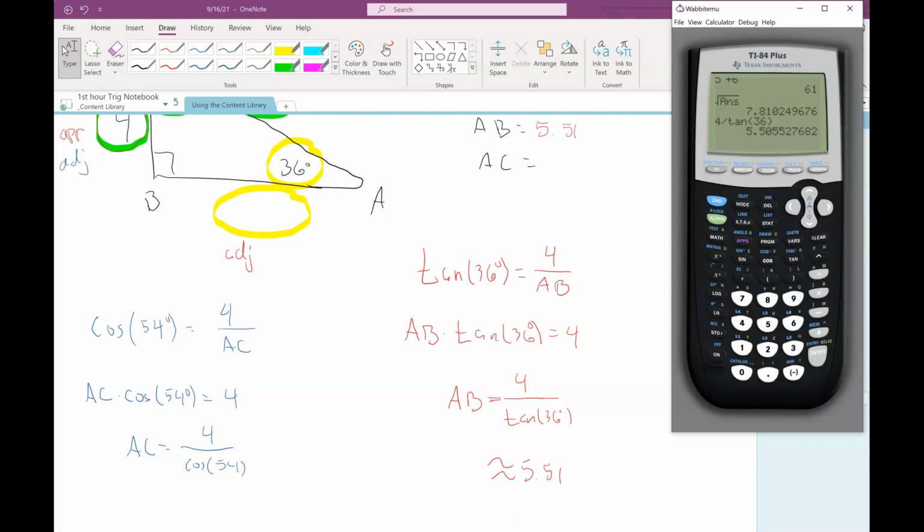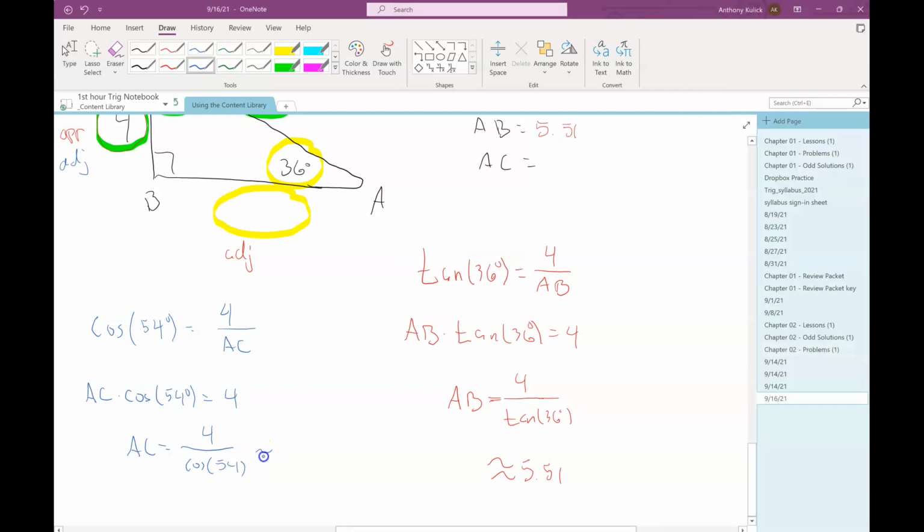But I like to talk about that because, depending on what you're doing, sometimes rounding really matters and sometimes it doesn't, right? So it should come up to be about 6.81.